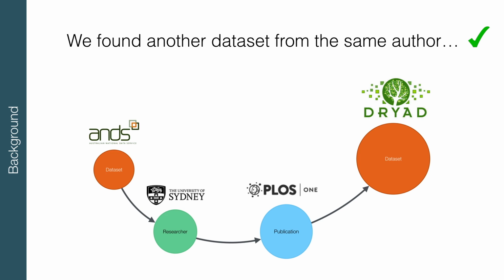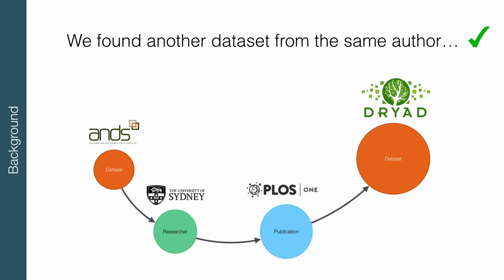This does not provide causality. It only says that if you are interested in datasets in ANDS, you might be interested in the dataset in Dryad. And this by itself is a substantial value add to lots of different repositories because it enables and promotes data discovery. Now, as functional and effective as this approach is, it is manual, and it's not scalable.